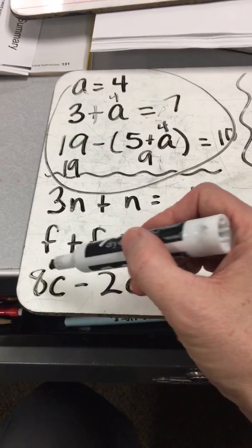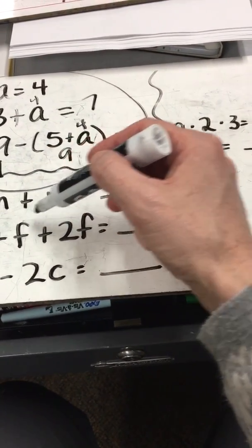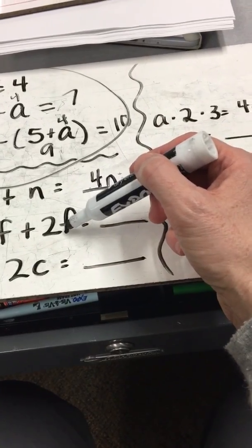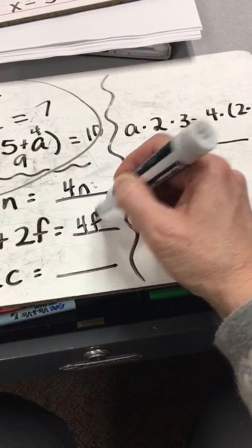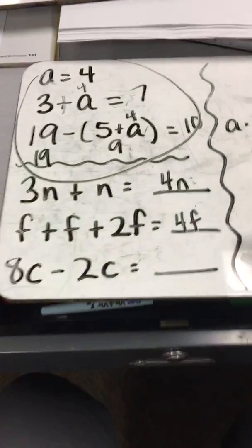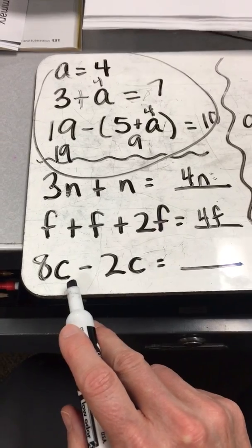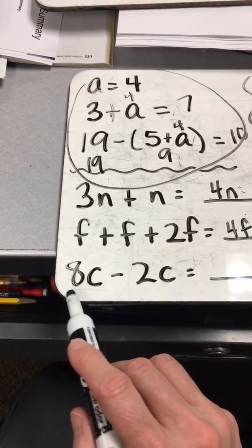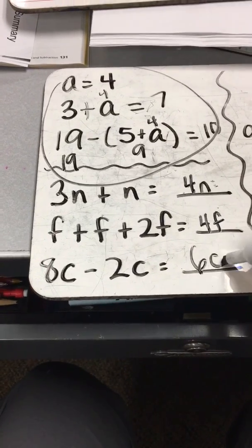Likewise, if this is f plus 2f, if we have a Frito plus 2 more Fritos, that would be 3 Fritos, and so we would have that as 3f. Likewise, if C stood for cat, then 8 cats minus 2 cats would be 6 cats.